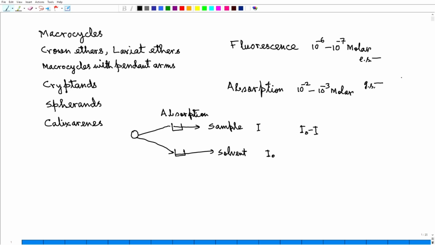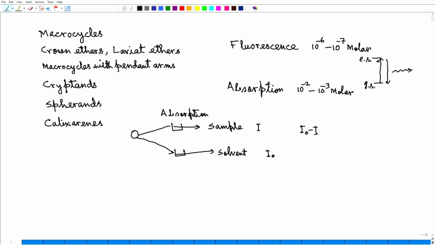Suppose I am taking a fluorescence system, we excite it and then it comes back giving off fluorescence, and we are measuring the entire radiation. So, we are not measuring I0 minus I, but we are measuring I completely. That is why fluorescence is a very, very sensitive technique, and we can measure fluorescence of a 10 to the power minus 6 or 10 to the power minus 7 molar compound, or sometimes less.